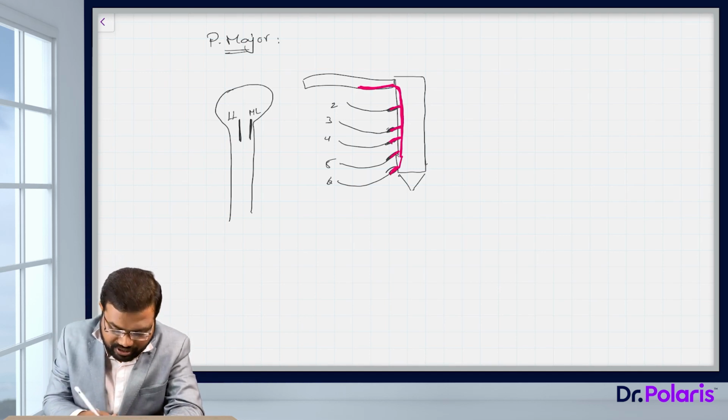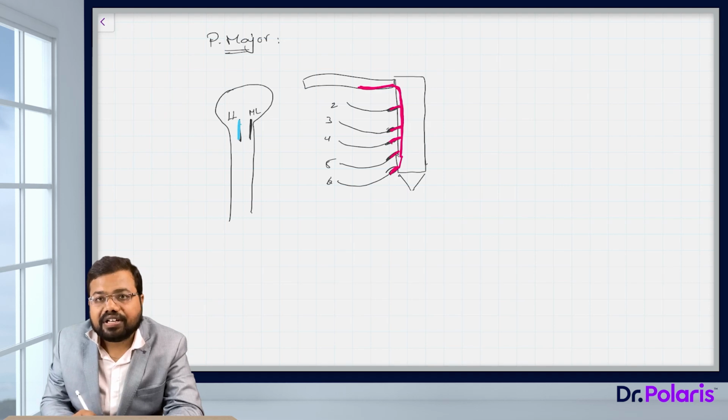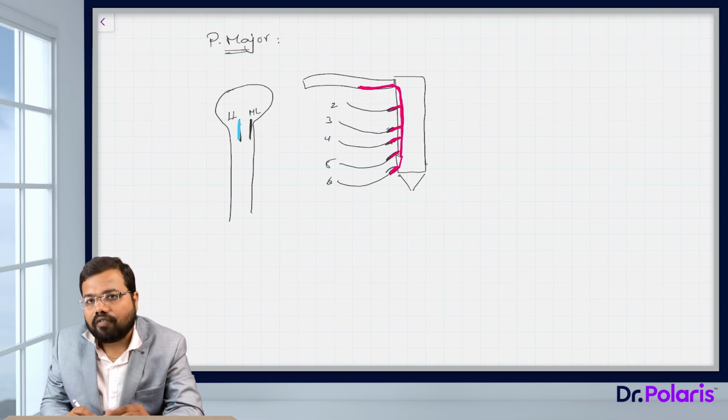And the insertion is on the lateral lip of the bicipital groove. So these fibers originate from the clavicle, sternum, and costal cartilages and insert over the lateral lip of the bicipital groove. These fibers are divided into two parts: the clavicular fibers and the sternal fibers.